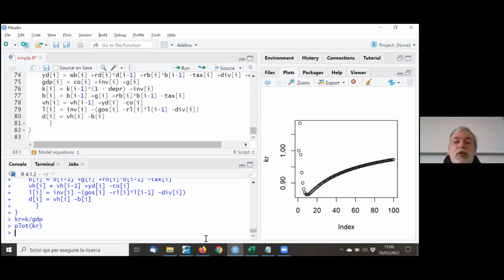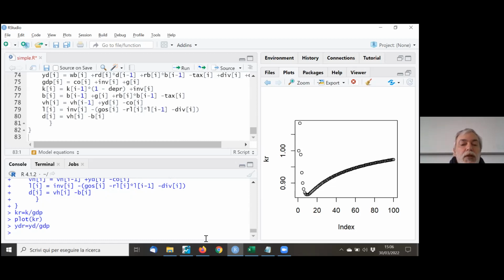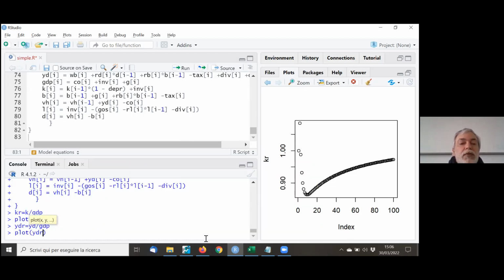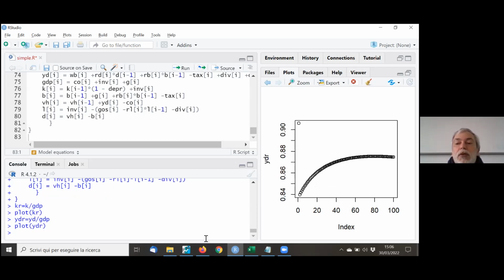Now we could try to have the model help us with the algebra. So for instance, we could define the ratio of disposable income to GDP and check whether this seems to be converging to a value.